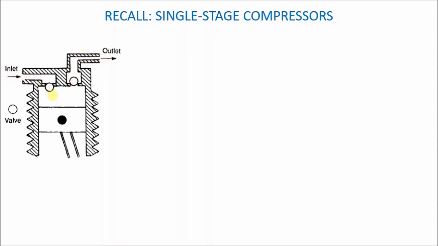Initially it was the suction phase, and then the compression phase, and then the delivery phase, and finally after delivery has taken place, again you will have a phase which is referred to as the expansion phase, because as the air is being delivered out of the cylinder, the piston will by itself go down a little bit.